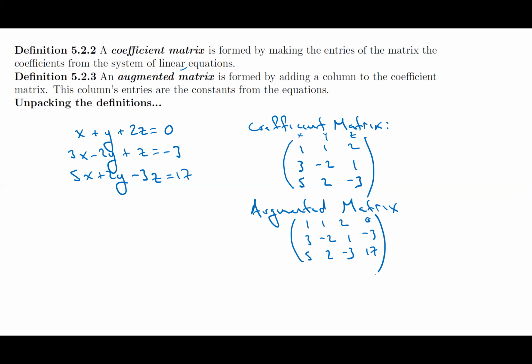And so you can see, now these dash marks aren't actually part of the matrix, but you can see how this matrix relates to my system of equations, right? Row 1, x plus y plus 2z is equal to what? Oh, it's equal to 0. That value in that last column, first row. Okay. All right.